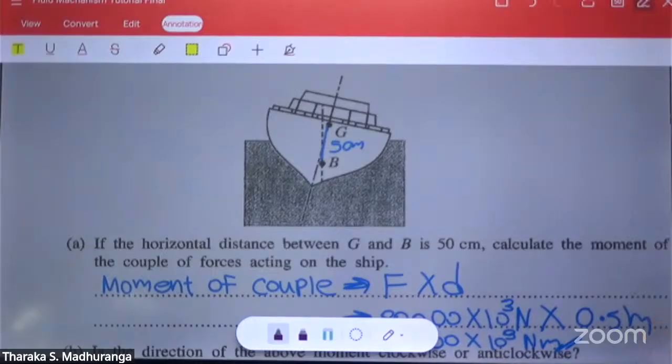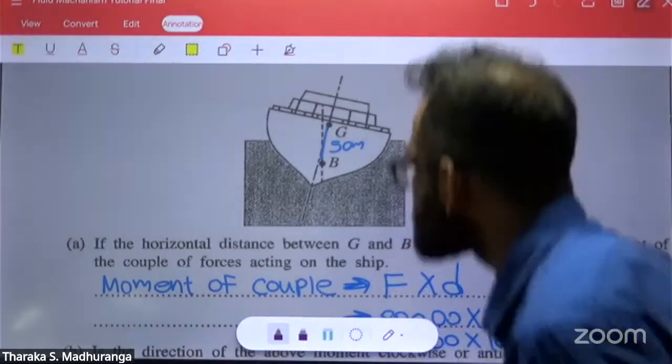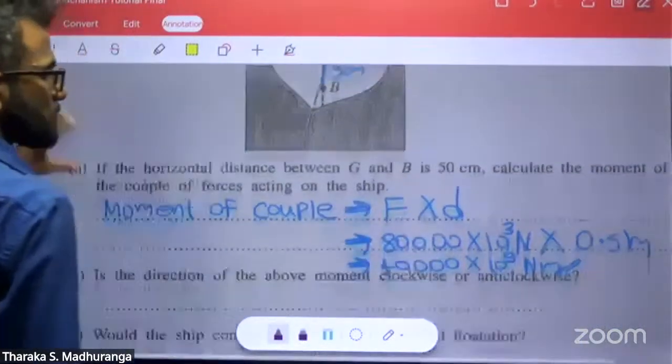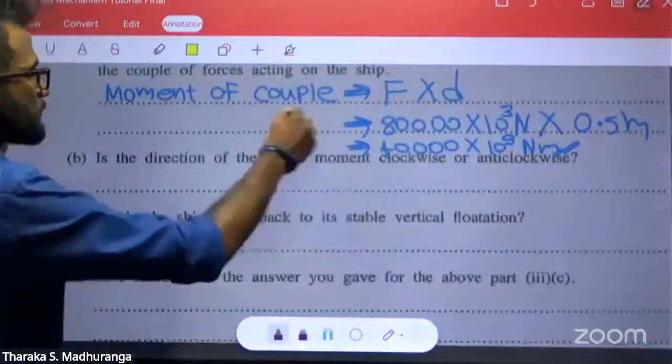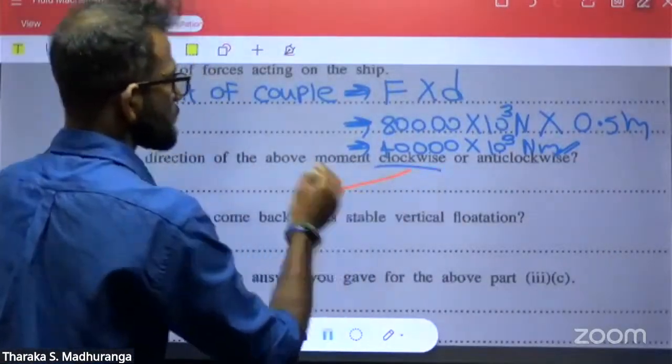Arshat? Yes, it is clockwise rotation. The answer should be clockwise.